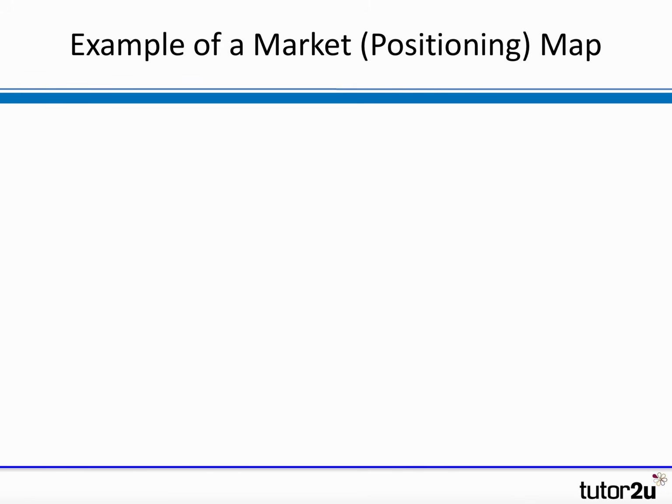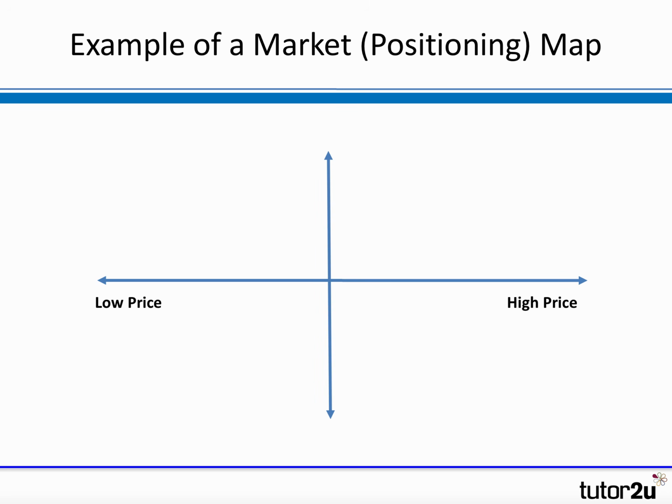Well, here's an example. Let's just build a market map up just to show you in action. I've mentioned it's a two-dimensional model, so we need to have two dimensions against which to map some products or brands. And what we'll do is we'll pick perhaps the most common one, which is price. We'll use that for the horizontal axis there, low price on the left all the way to high price on the right.